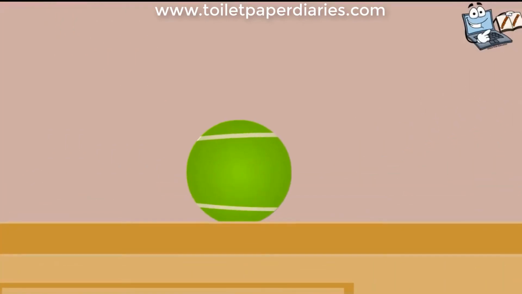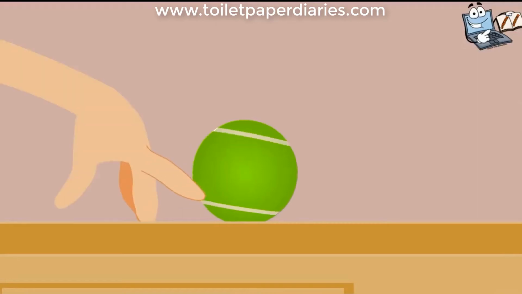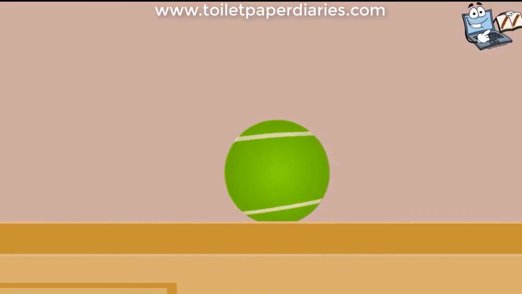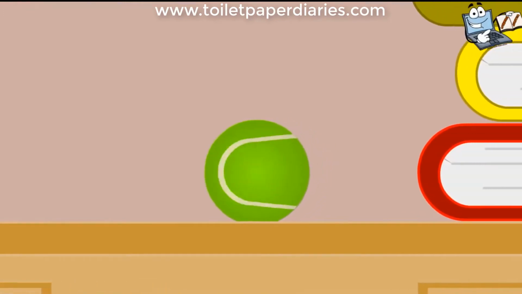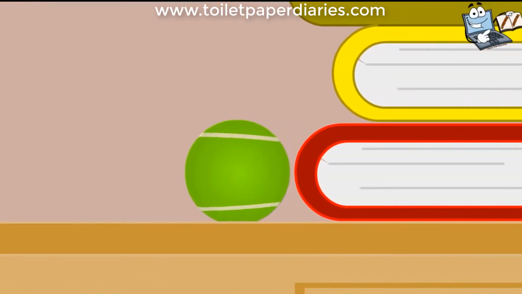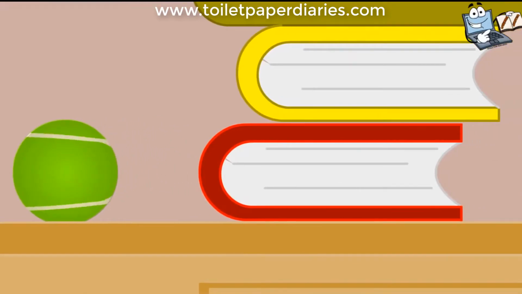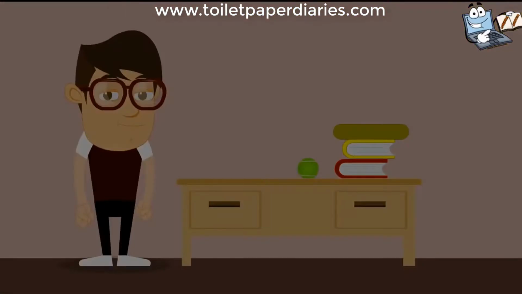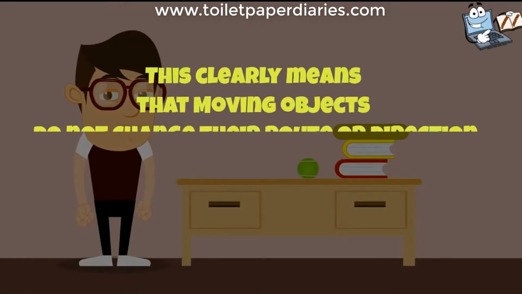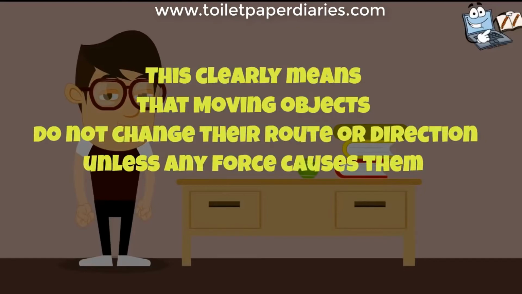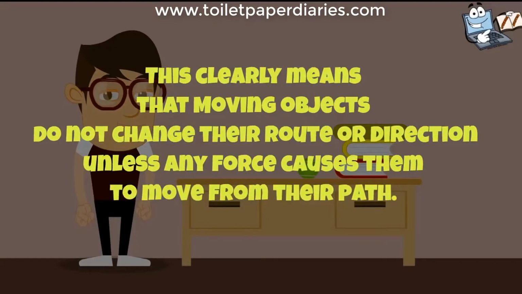It is not moving, meaning it's in the same position. When you push it with a finger, it starts rolling. Ah, see, it's not stopping. Oh, this book came in its way. It will stop now. This clearly means that moving objects do not change their route or direction unless a force causes them to move from their path.